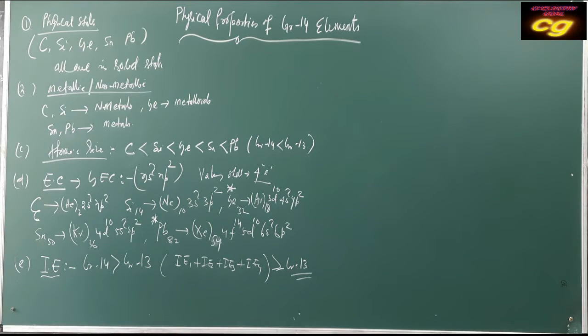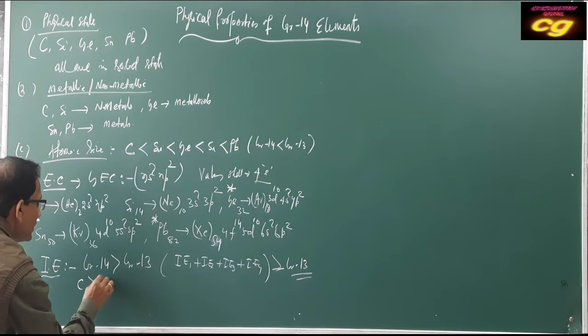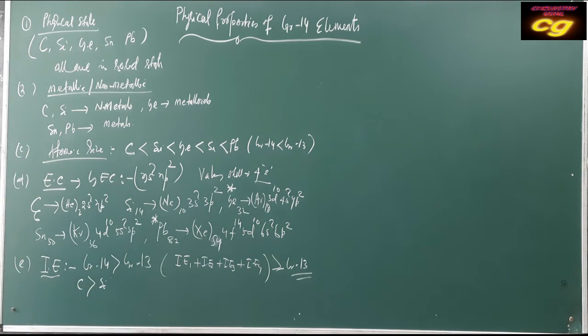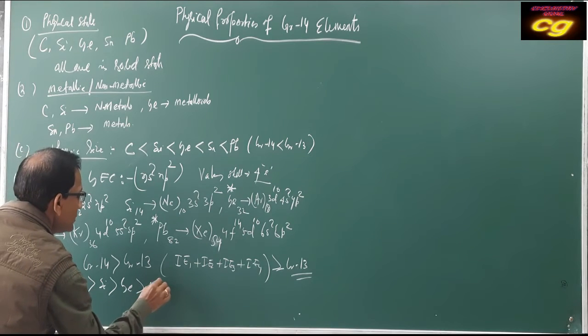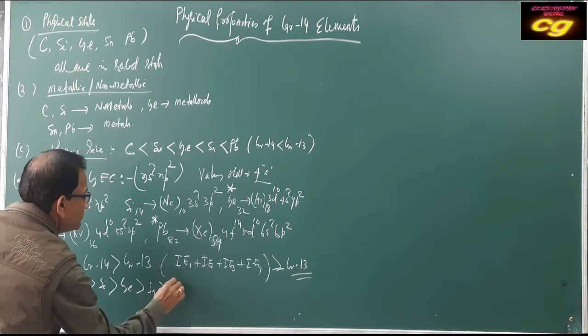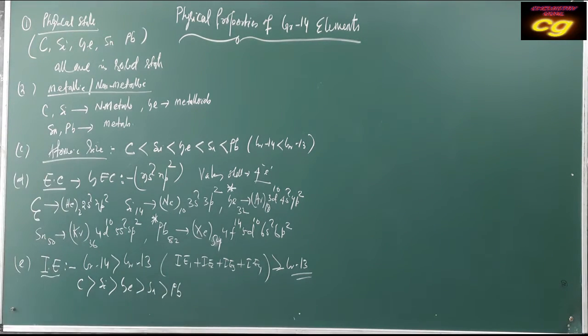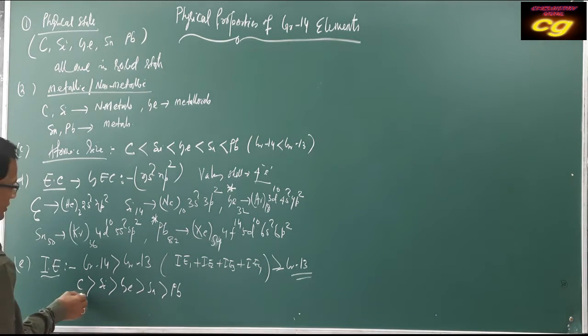So the ionization energy order is carbon greater than silicon, then germanium, then tin, then lead. Carbon has the maximum ionization energy due to its small size.